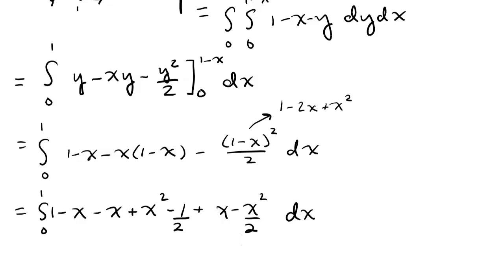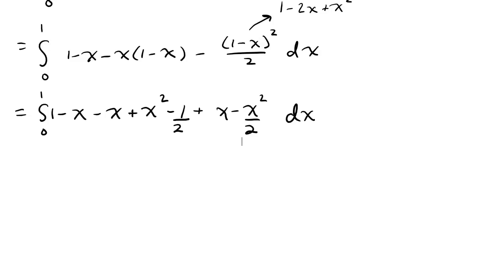Okay. Now we've got to combine some stuff. So 0 to 1, we have 1 minus 1/2, which will be 1/2. For x, we've got negative x minus x plus x, so minus x is what's left there. And then we've got x squared minus x squared over 2, which will be plus x squared over 2.